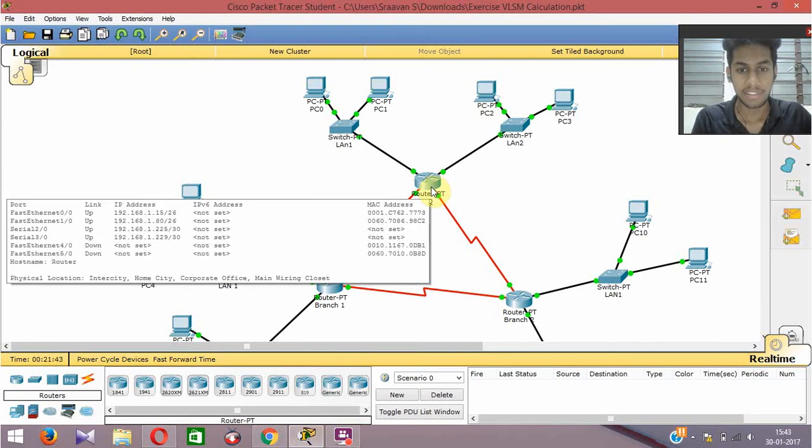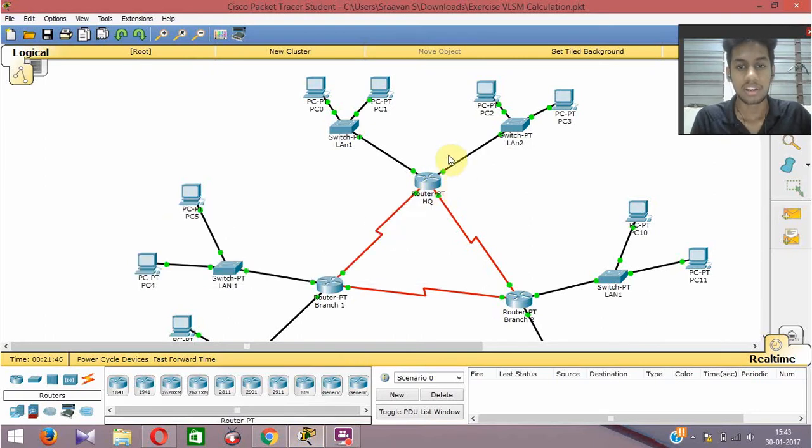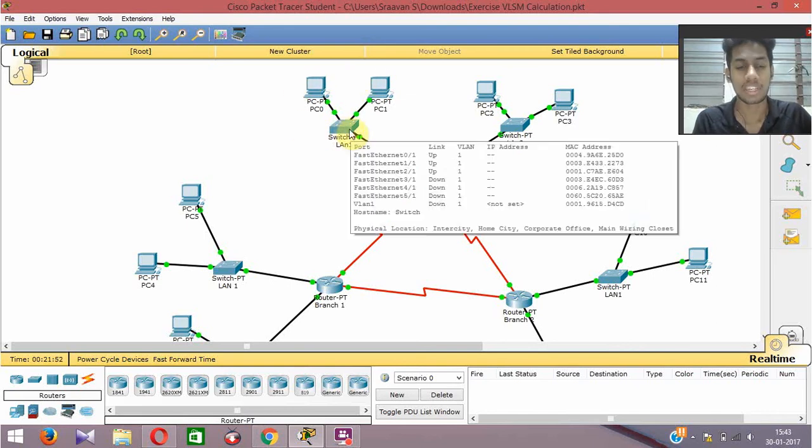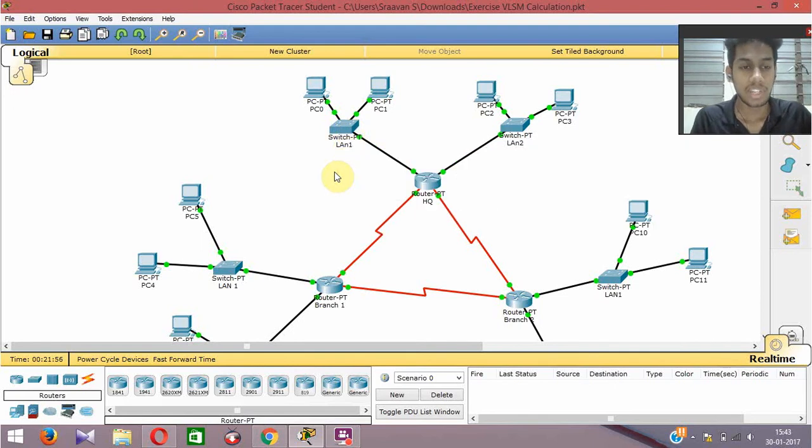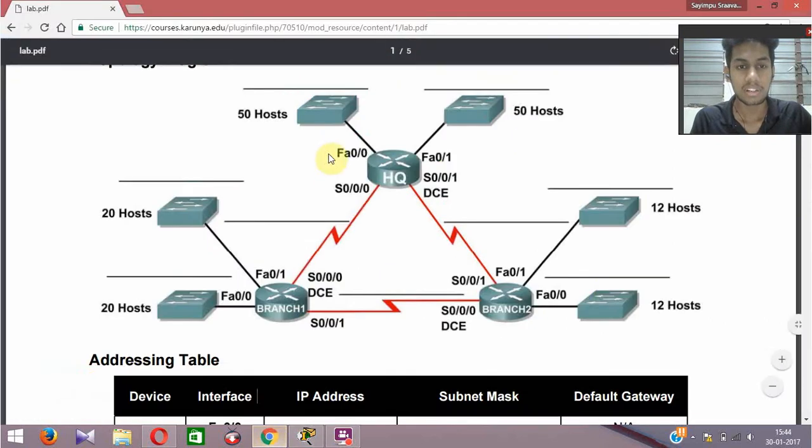We have HQ here, and we have two LANs, and we can consider that each LAN is capable of taking in 50 hosts at a minimum. First we need to understand how subnetting can take place. According to our requirement, each LAN for headquarters has 50 hosts.